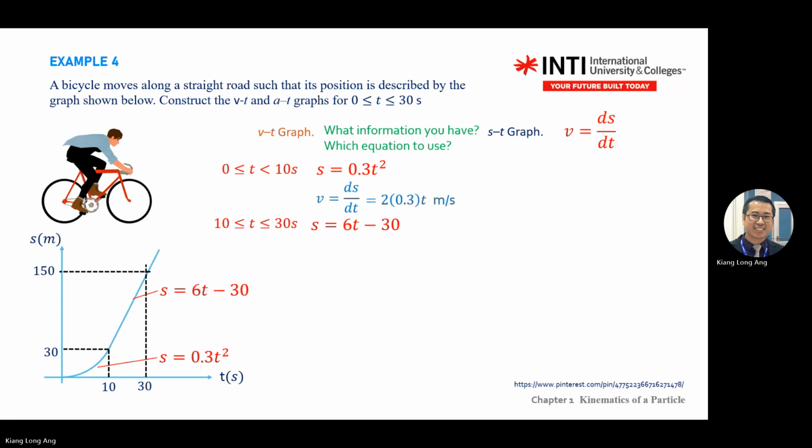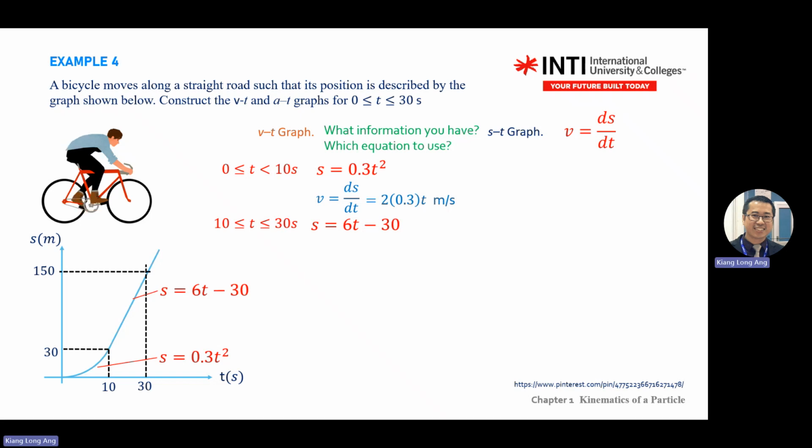So you do the differentiation, and ds/dt is what? It is v. ds/dt is v. So you're plotting the v graph here. Make sense? You're actually plotting a y equal to mx plus c graph.